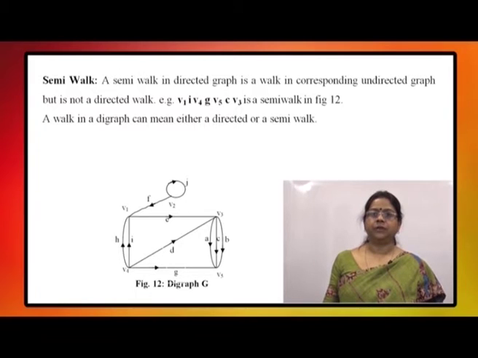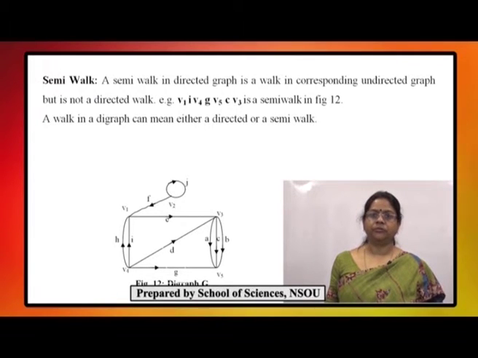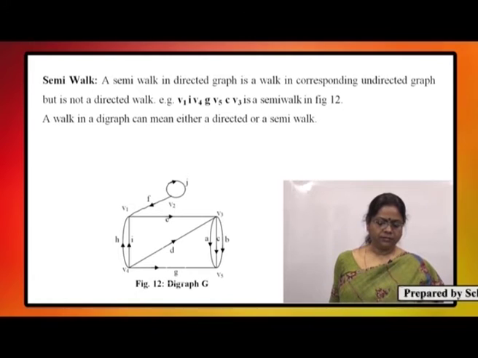For example, in figure 12, if we consider v1, i, v4, g, v5, c, v3, this is a semi-walk, because we consider here three edges I, G and C, and they are not all properly oriented.